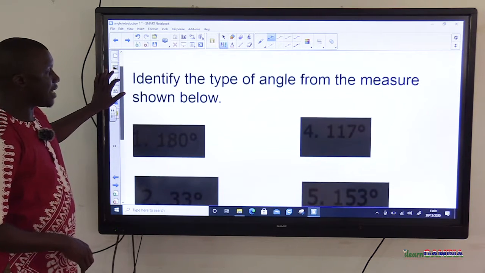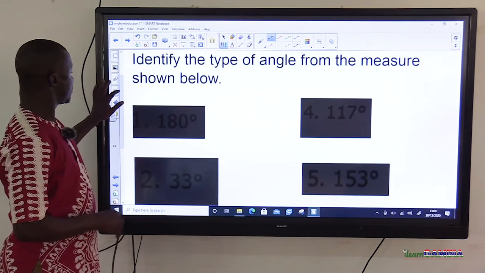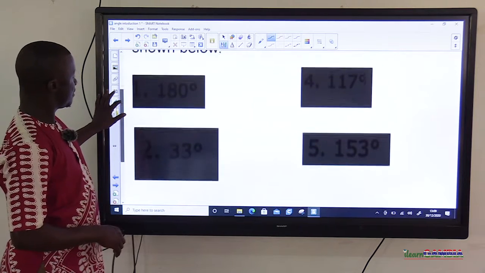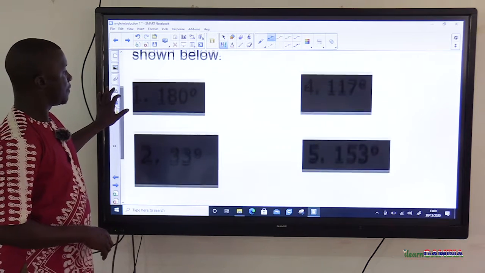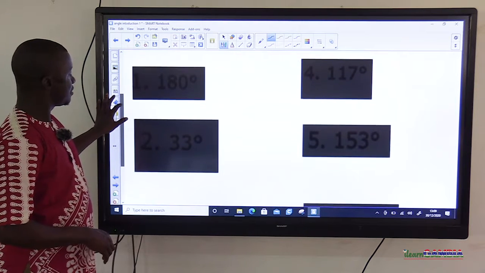Now we have to identify the type of angles from the measures shown below. Number 1 is 180 degrees.